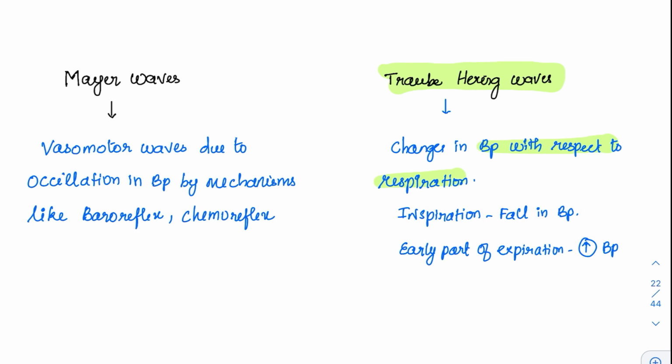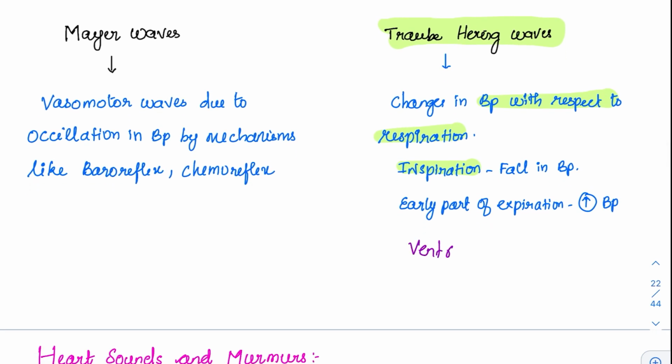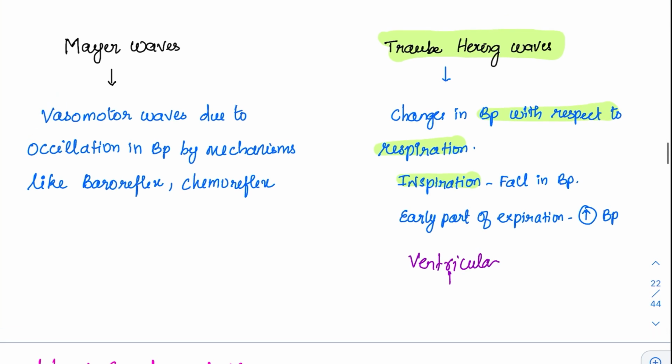What happens during inspiration? During inspiration, the right ventricular input is more. More and more blood is coming to the right ventricle. So there is something called ventricular interdependence. One ventricle is dependent on the other. If this ventricle is having more blood, then obviously the other ventricle will be pushed and there will be a little less blood in it. Our systolic BP is based on the left ventricular output.